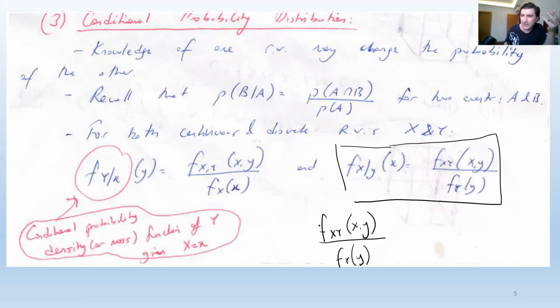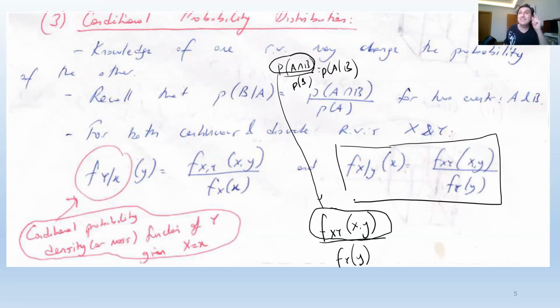This is somewhat different compared to the original definition of conditional probability, because the original definition talked about probability of A intersection B divided by probability of B. Now note that this here is probability, whereas this one is not probability. This is a probability density function. When you integrate it over some region, it turns into probability.